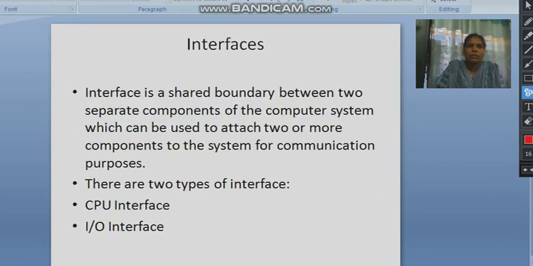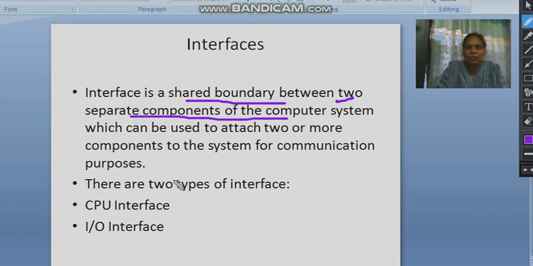Now the third slide is all about interfaces. An interface is basically a shared boundary between two separate components of the computer system. If we want to connect two different components, then we need an interface for attaching or associating those two components.